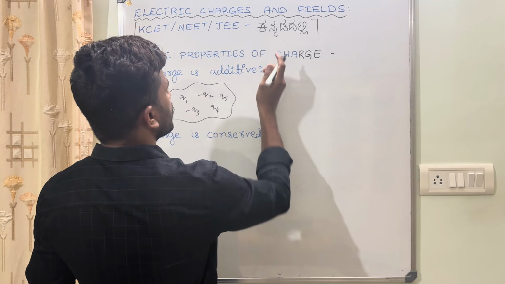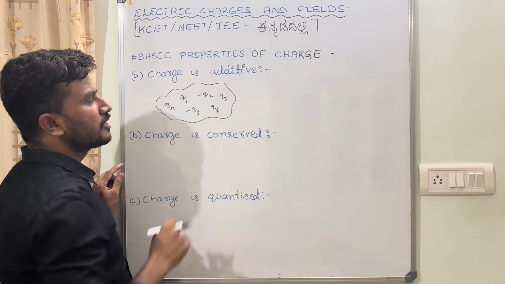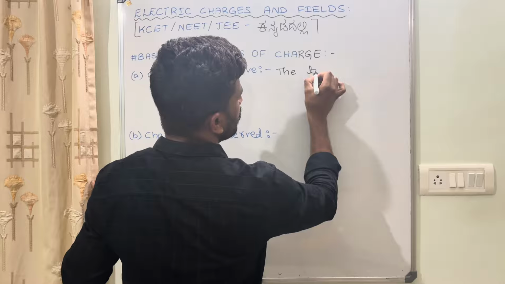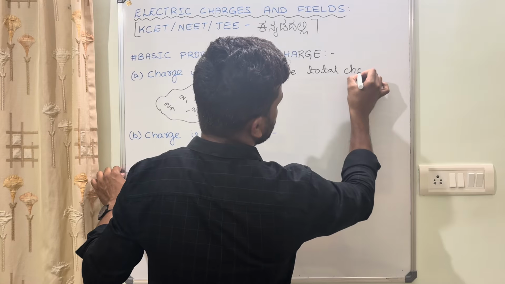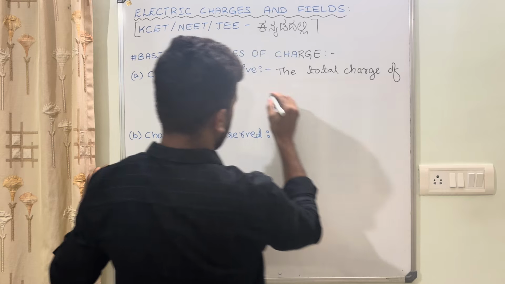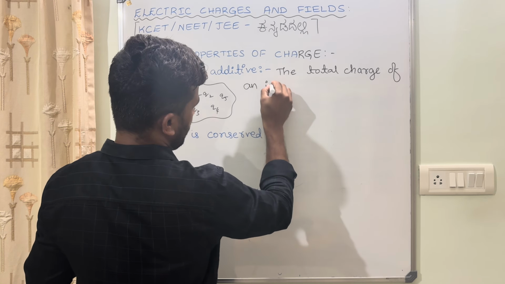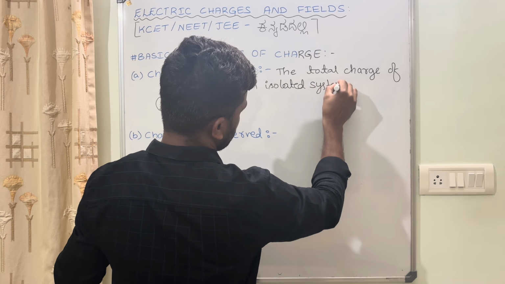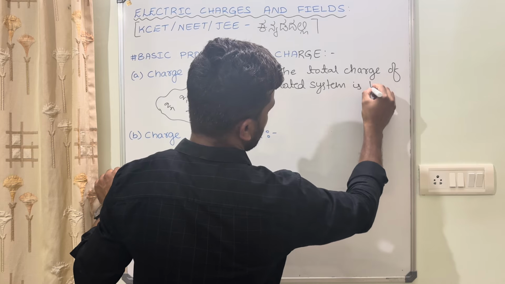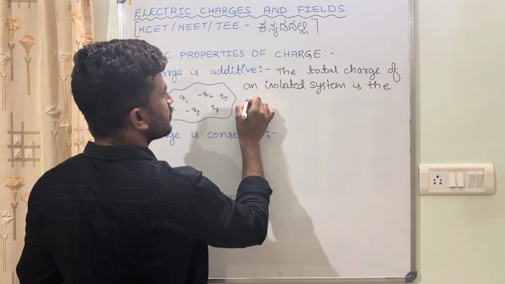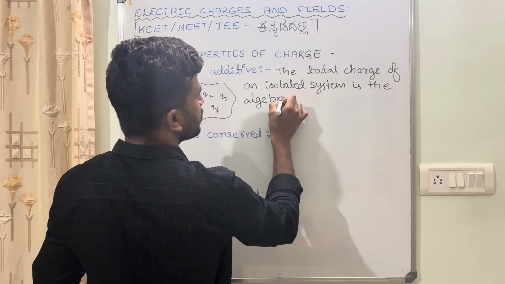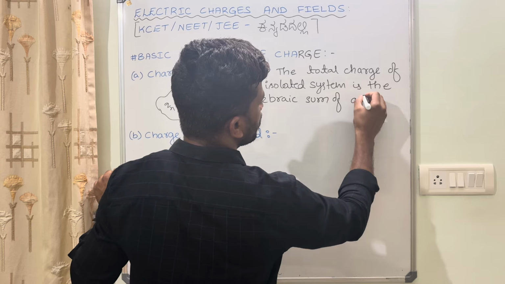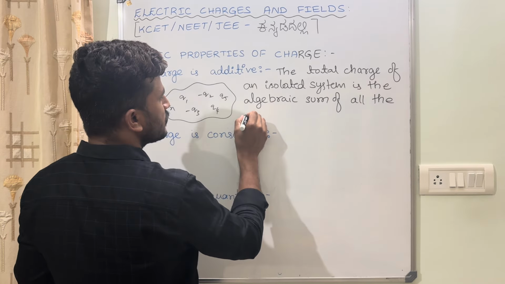So it states that charge is additive, which means the total charge of an isolated system is the algebraic sum of all the individual charges.